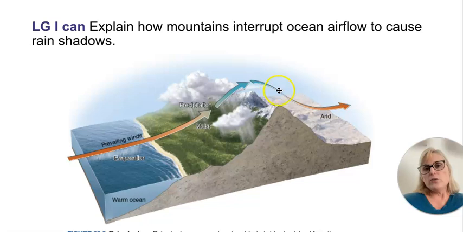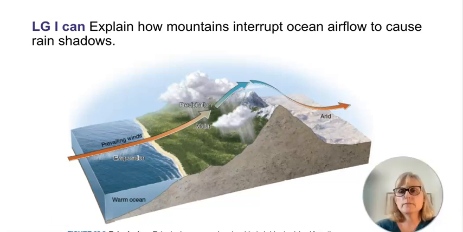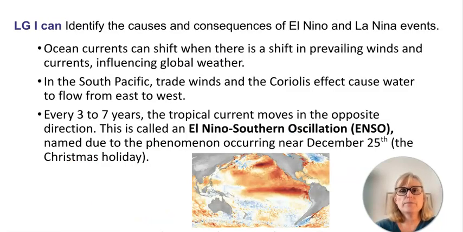And then by the time you get over the mountain, you don't have as much moisture. So we do get rain where I live sometimes. So the air goes up and over the mountains, and then you have drier, arid means dry, conditions on the other side. And so a lot of deserts are also found in the rain shadow effect.